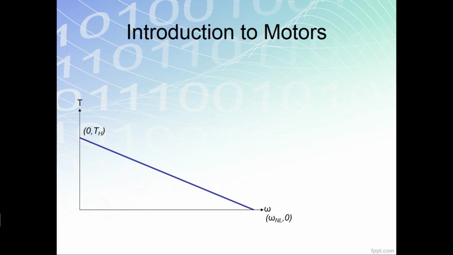In a real motor, the no-load angular speed is very, very low, but not zero. But for the sake of computation and calculation, let's assume that it would be equal to zero.